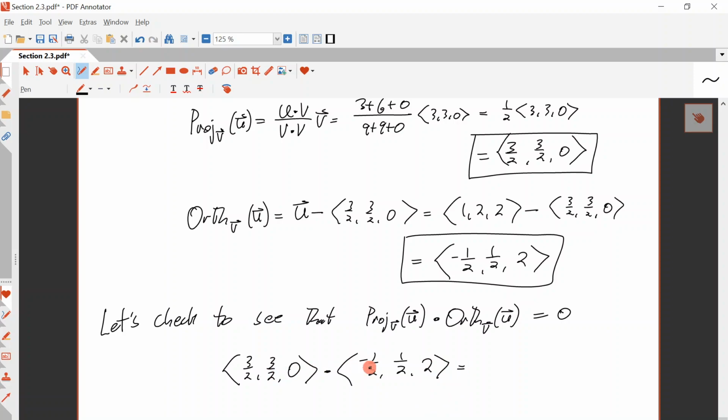So the dot product is 3/2 times minus 1/2, so that's minus 3/4. 3/2 times 1/2 is positive 3/4. And then 0 times 2 is just 0. So that whole thing is 0. So that checks out. Those two vectors are indeed orthogonal, and their sum is equal to u itself. That's u right there, and u minus the projection is the orthogonal bit. So the sum of the two is obviously back to u.